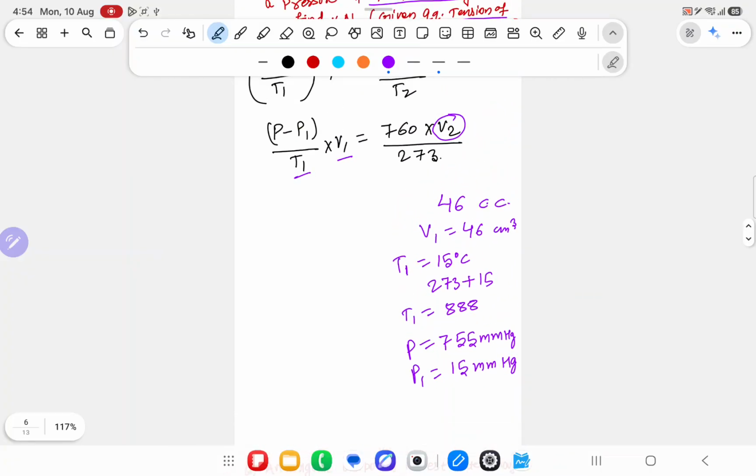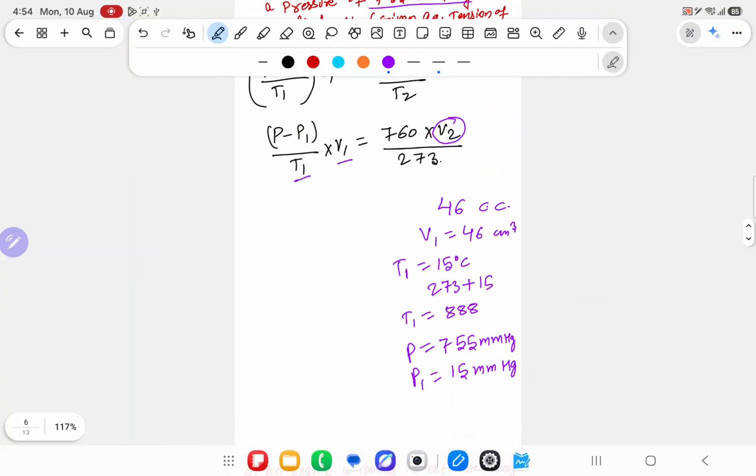Job done. Now over here put it. What is the P value? Sir, 755 minus, what is the P1 value? 15. Divided by, what is the T1 value? 288, not 888. 288 into, what is the V1 value?